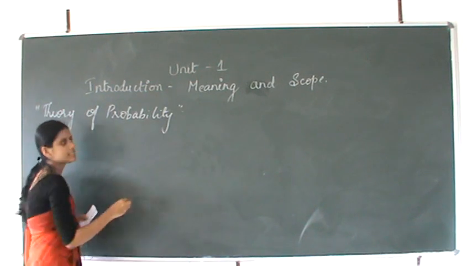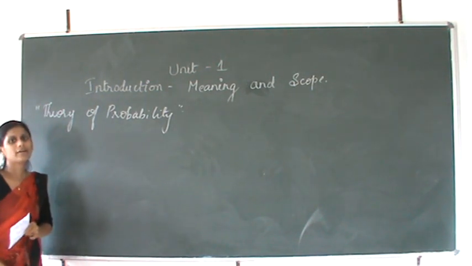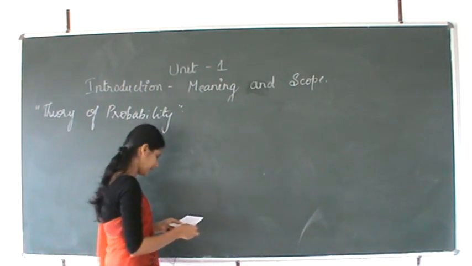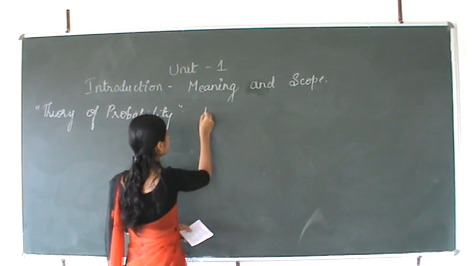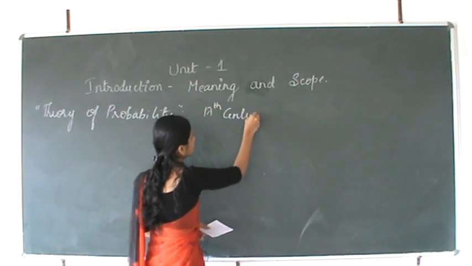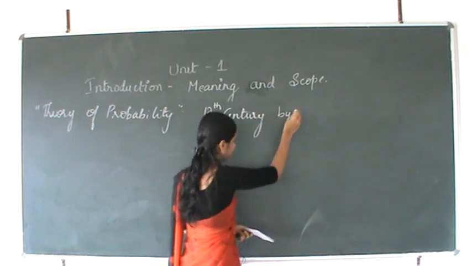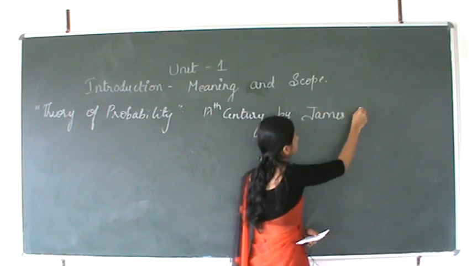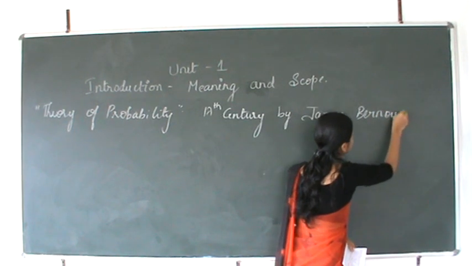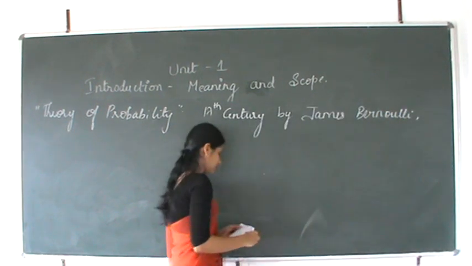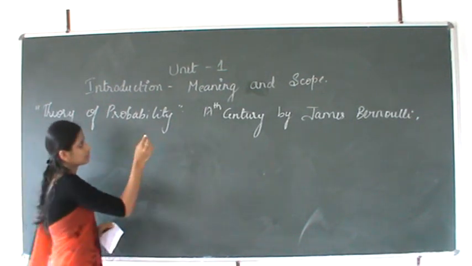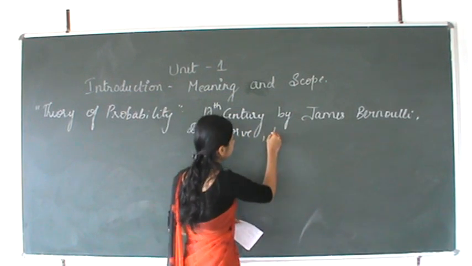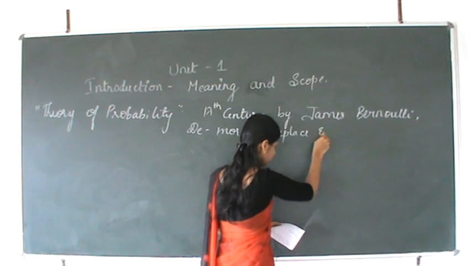Theory of probability. This is also known as the theory of game and chances, which was developed in the 17th century by James Bernoulli, De Moivre, Laplace and Gauss.